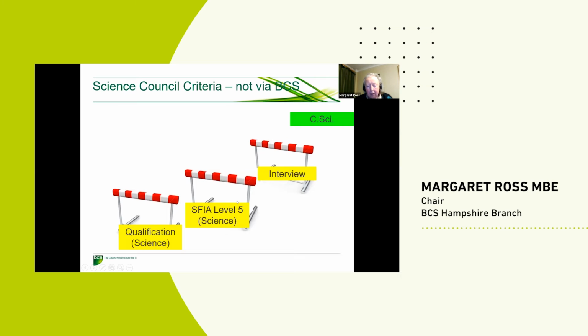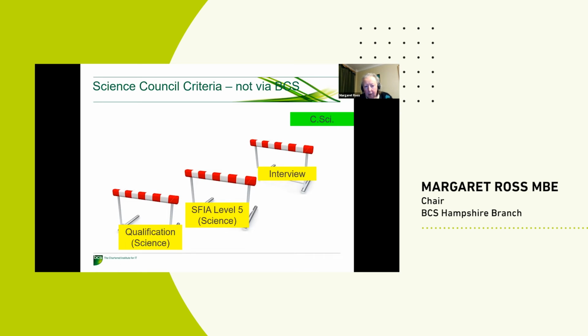Now, we've talked about CITP. We've talked about CEng. CEng is an annual fee, by the way, and I think this year it was something like £60 or £70. Now we come to the Science Council, and that has an annual fee of around £60.